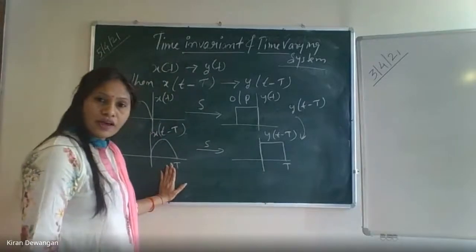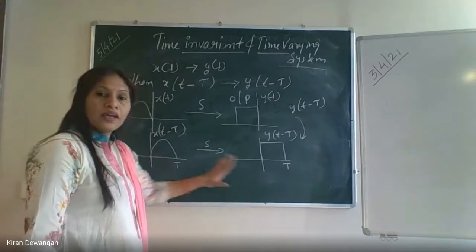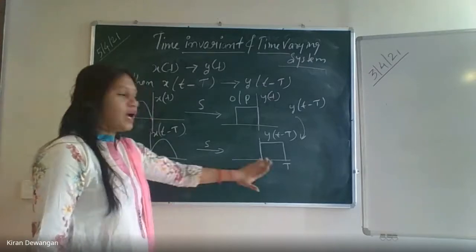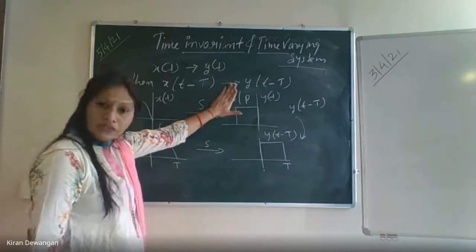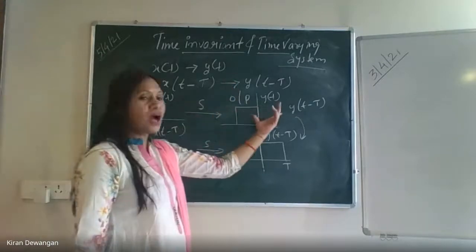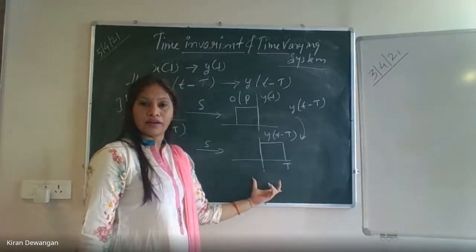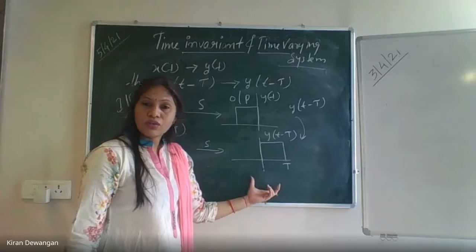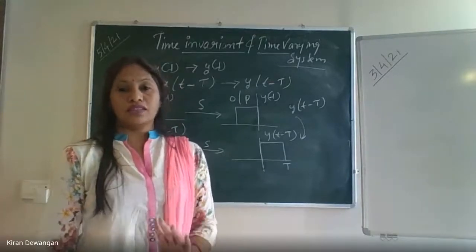Input shift किया तो मुझे shifted output मिल रहा है, ठीक है. And if I shift the output itself, ये मेरा output है, इसको मैंने shift किया तो भी मुझे यही मिल रहा है. So if these two are same, then the system is a time invariant system.